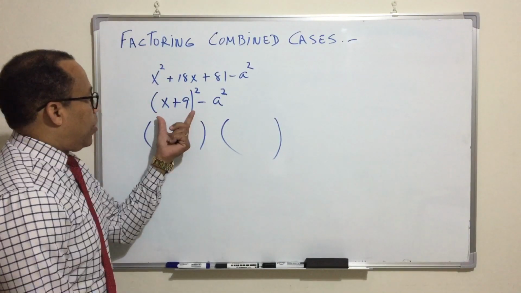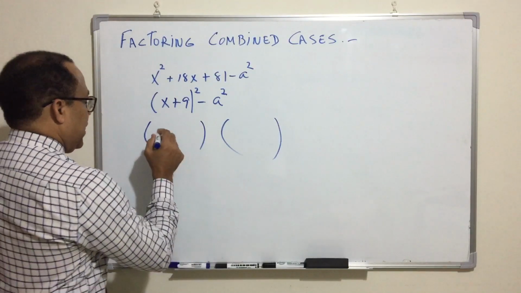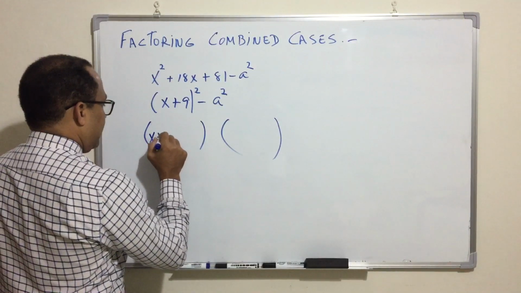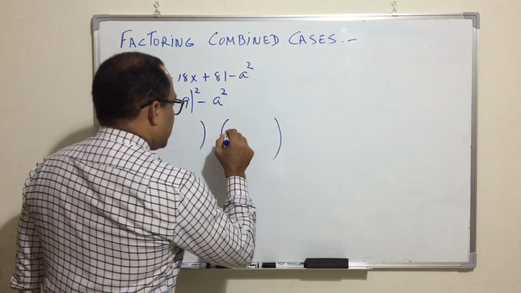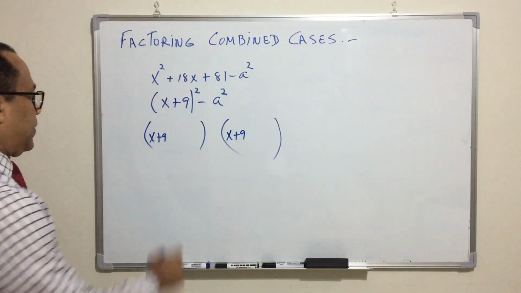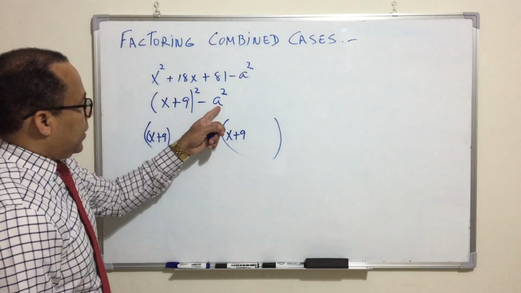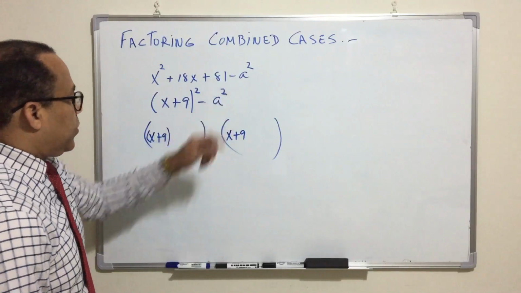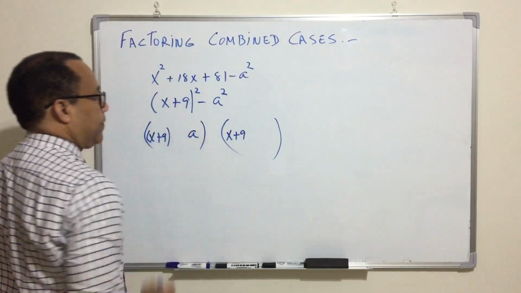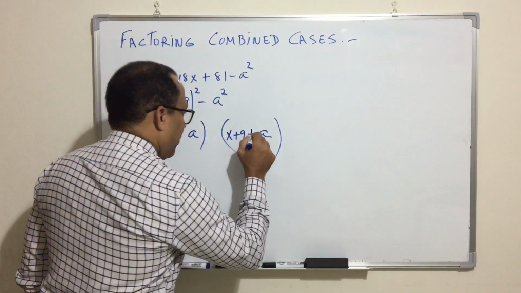The square root of x plus 9 to the second power is x plus 9 and x plus 9. Like this. The square root of the second term, a to the second, is a. A, negative and positive.